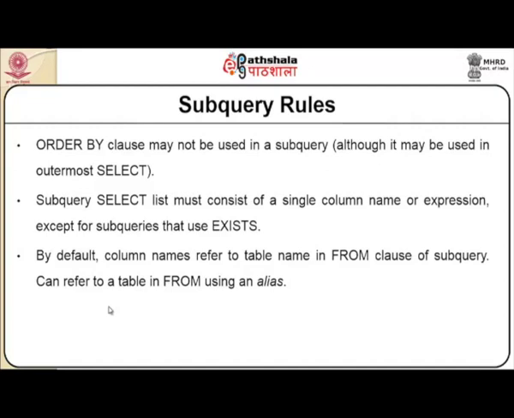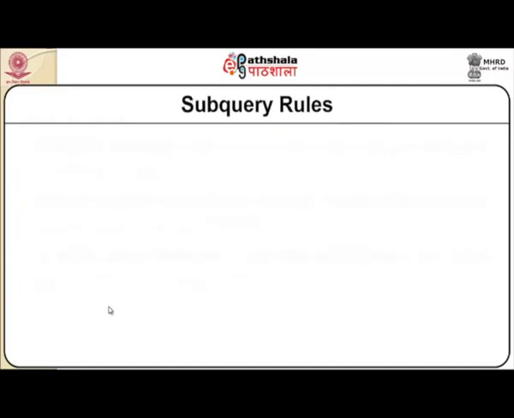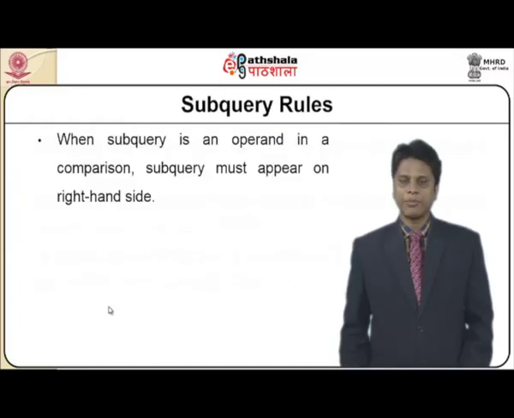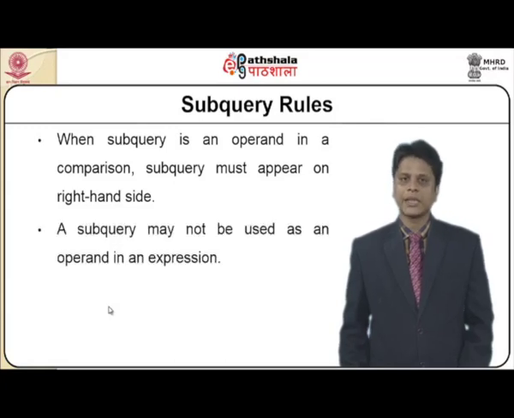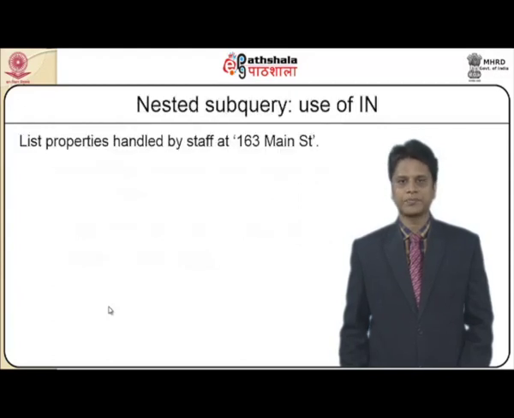By default, column names refer to the table name in the from clause of the subquery, and it can refer to a table in the from clause using an alias. When a subquery is an operand in a comparison, the subquery must appear on the right hand side. A subquery may not be used as an operand in an expression.